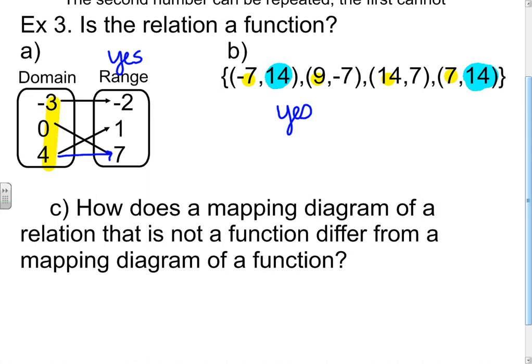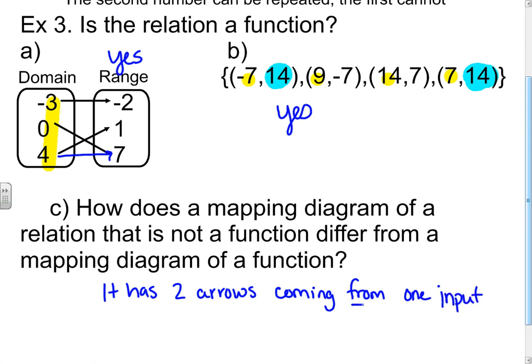So when it asks how it differs, it has 2 arrows coming from one input, like the blue arrow I put in letter A.